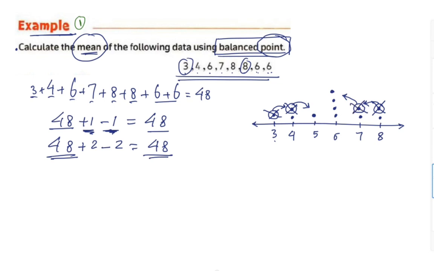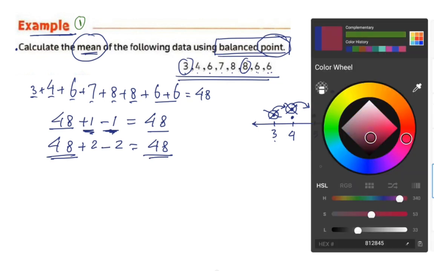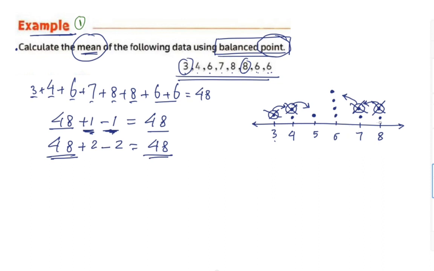Now look what you have here. We have one dot at 8, one dot at 7, one dot at 5, one dot at 4, right? In between them, I have 6, and 6 has 4 dots.